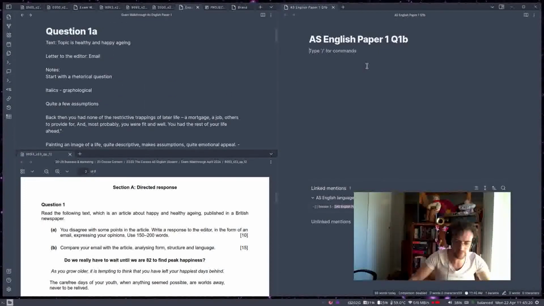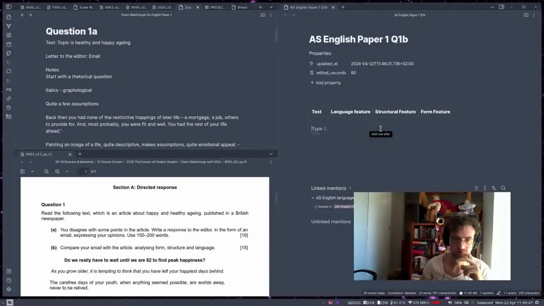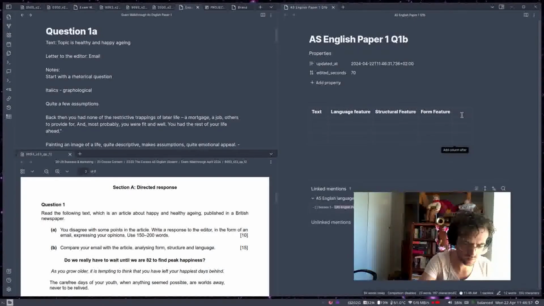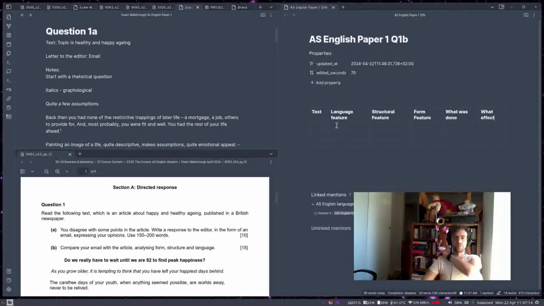Okay. So what I'm going to do is start by creating a table. And this is actually where I'm just going to make a bunch of notes. Now on this side, I'd like to add another column and call it. Okay.